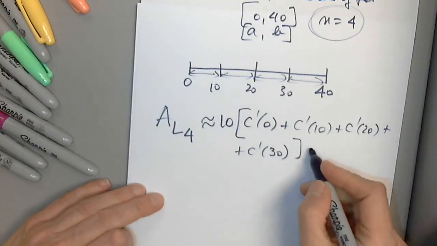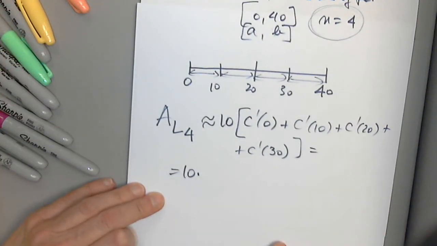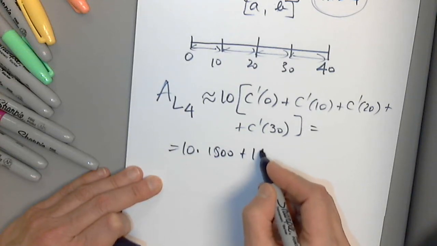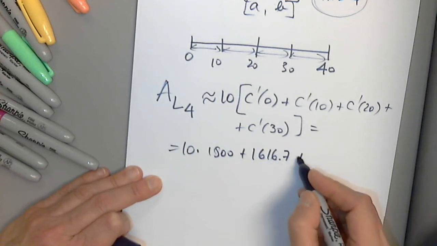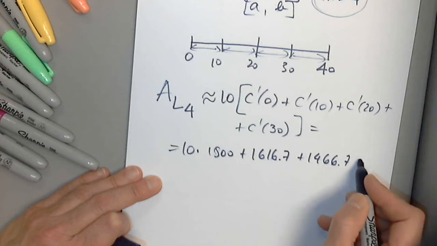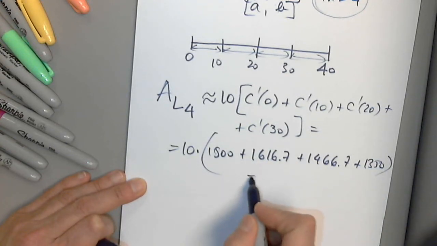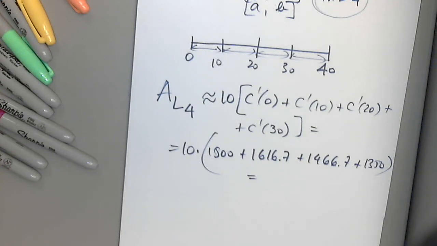So this will be 10 multiplied by 1800 plus 1616.7 plus 1466.7 plus 1350. I have a way of summing those up, but I have to put them in a different table.